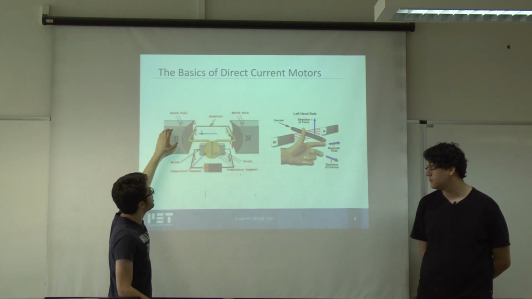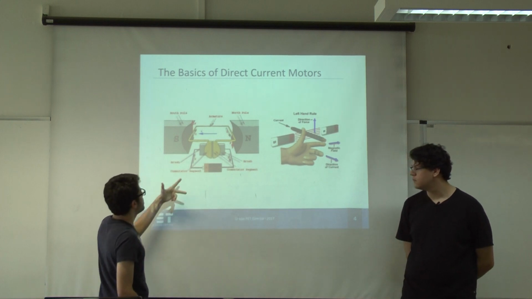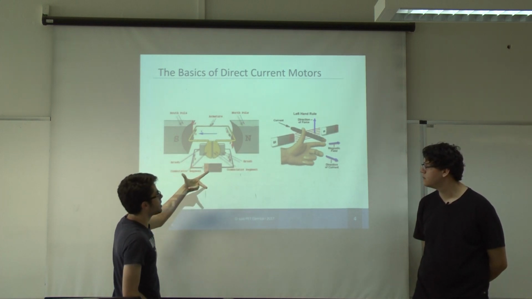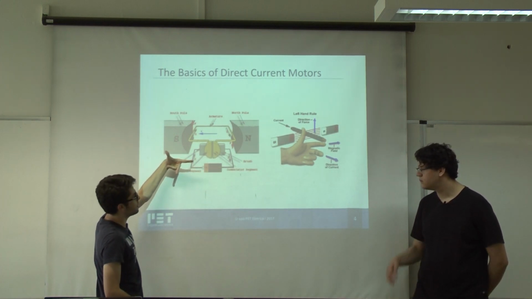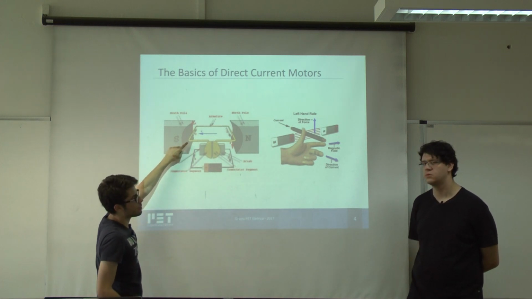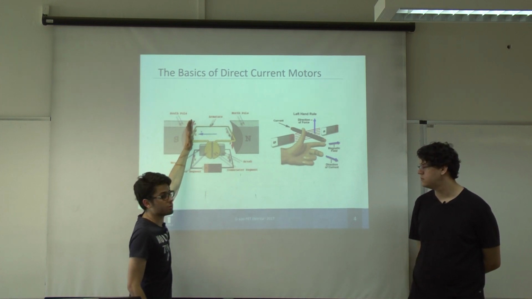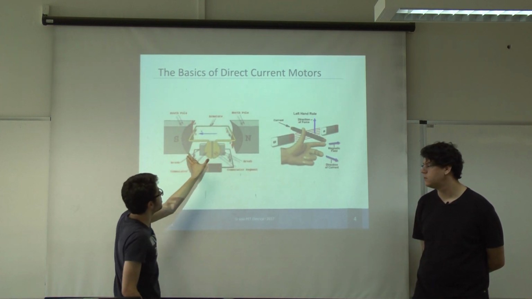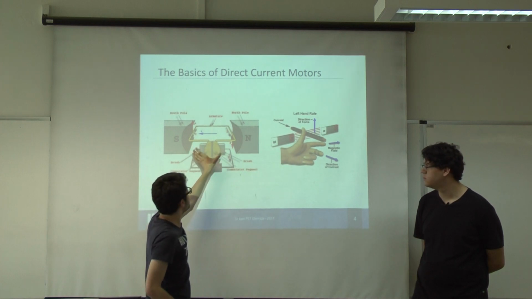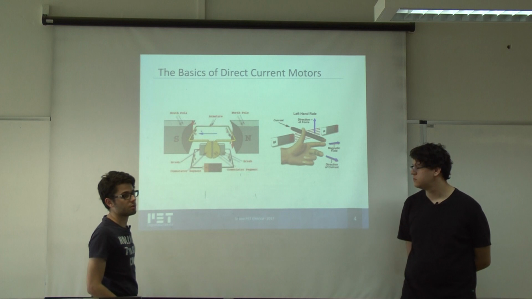So here we have the south and the north pole. So we can use the magnetic field to see the current, and we can see that the force will appear here to up and here to down. So with this logic we can establish a rotation in the motor.